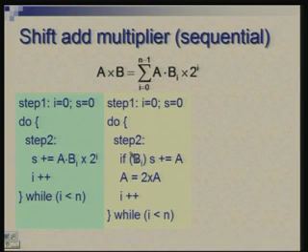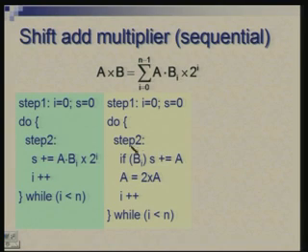And all these 3 activities are done in a single step. Okay. As I add A to S, I prepare the next value of A for the next cycle in the same step. Okay. So, this whole thing is one clock cycle as far as hardware is concerned.